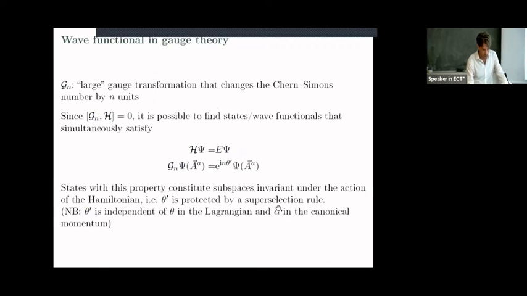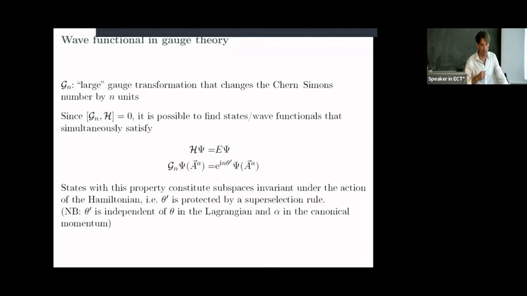Now, then we can follow Jacques of what we can make out of this when we have wave functionals in field theory. Now we have a functional psi. This is like the wave function, and it lives on the field configurations A. And we are looking for solutions of the time-independent Schrödinger equation, because this would then help us to make sense of the trace of the canonical density matrix.